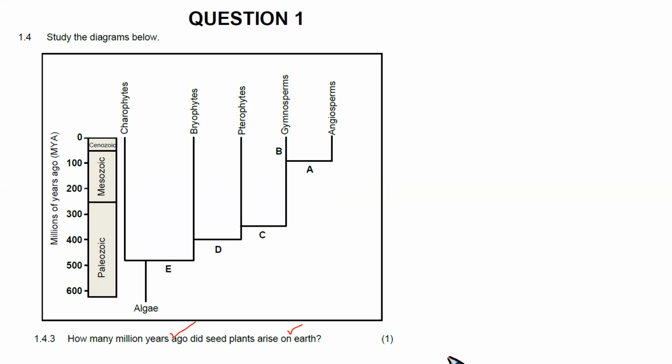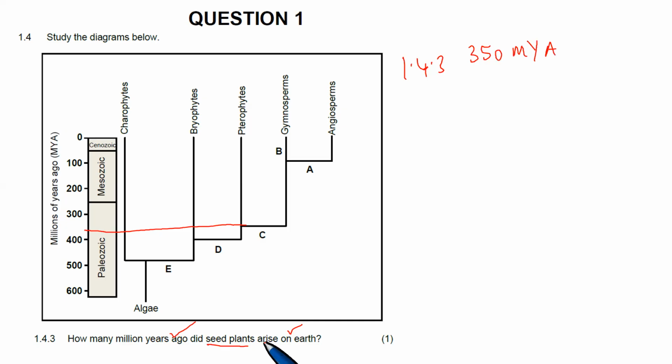You can see that at this point, on average, you are there. So the answer to 1.4.3 is 350 million years ago. That is when the seed plants arose on Earth, according to the diagram.